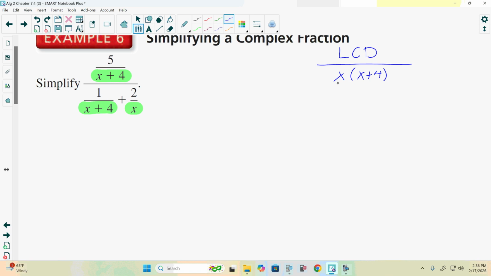So what we're going to do is we're going to take that over here and multiply the top and bottom of this expression by x times x plus 4. We're going to multiply the whole thing by it.